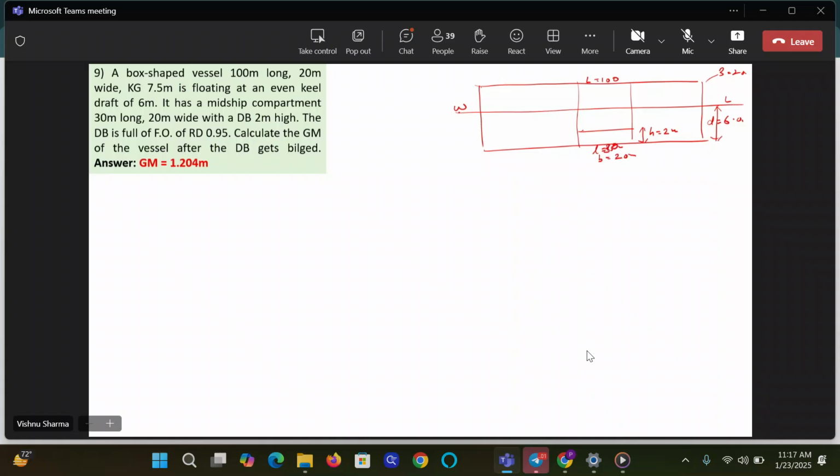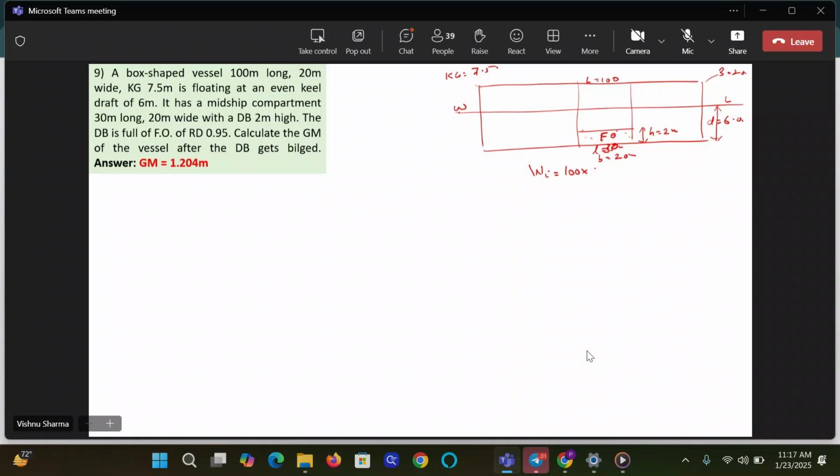Length is 30 meters, and this is full of fuel oil. KG is 7.5 meters. Now I calculate the initial displacement.